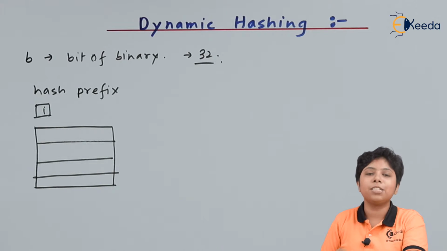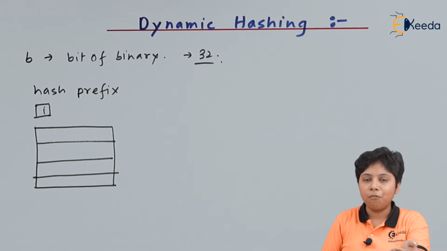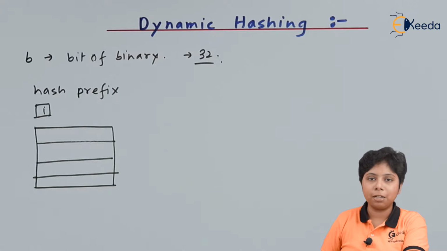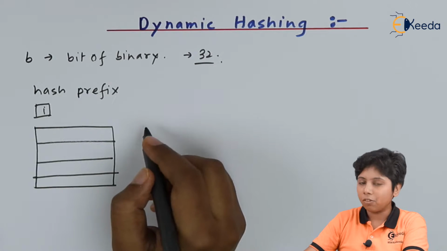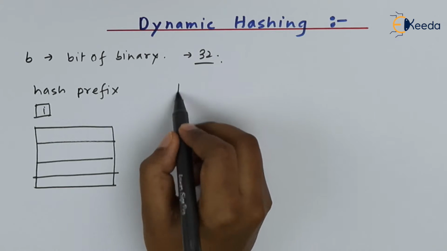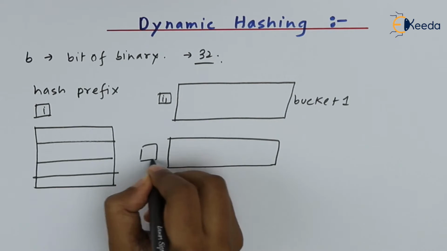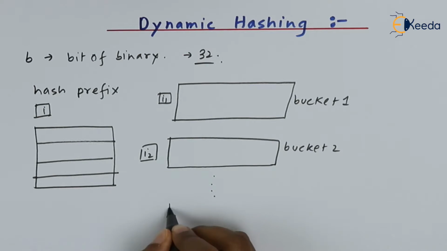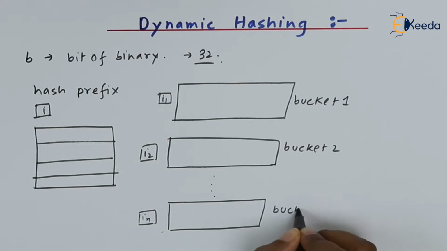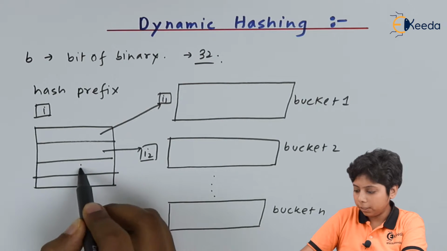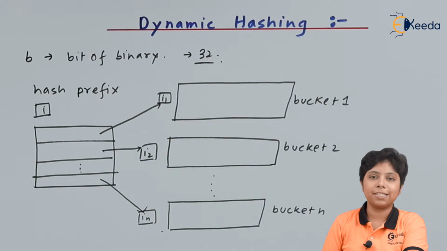So mainly there is one more level of indirection. First we consider the prefix i to contain the bucket numbers, and in turn the buckets consist of the records. Now we can list the buckets, and each of these entries will point to the buckets here.